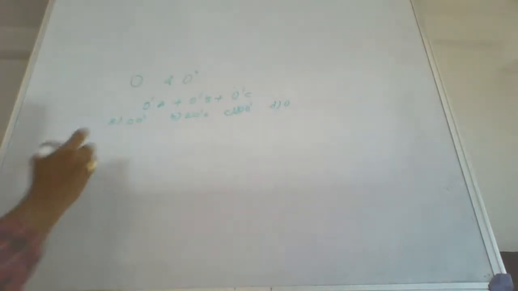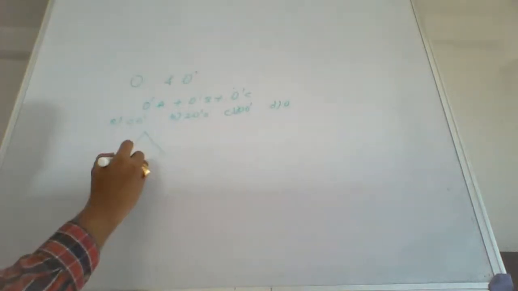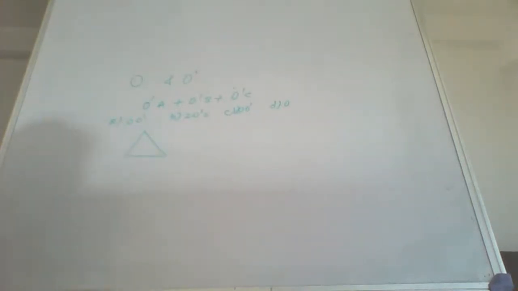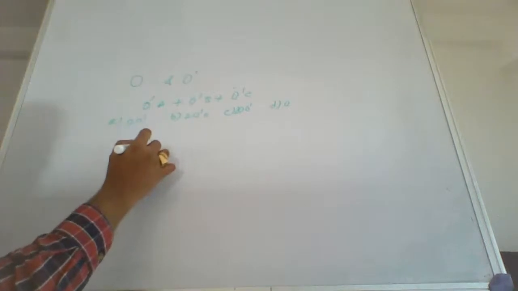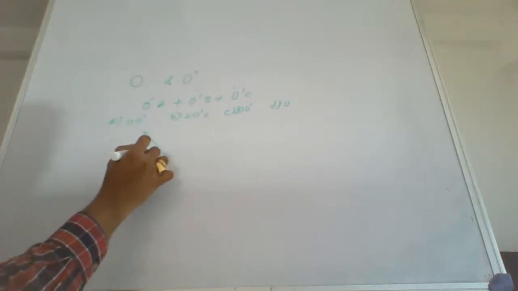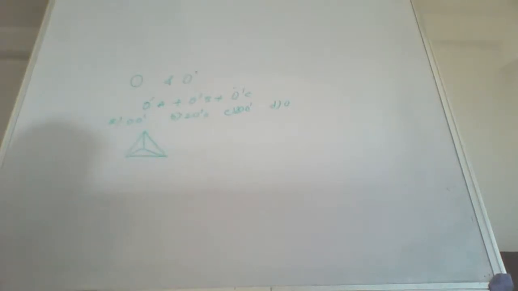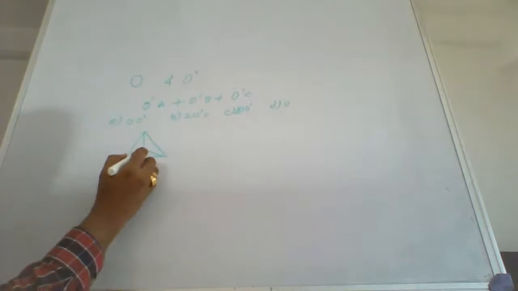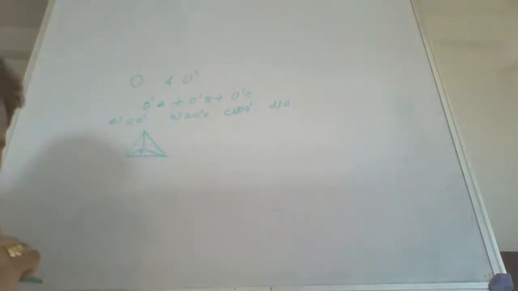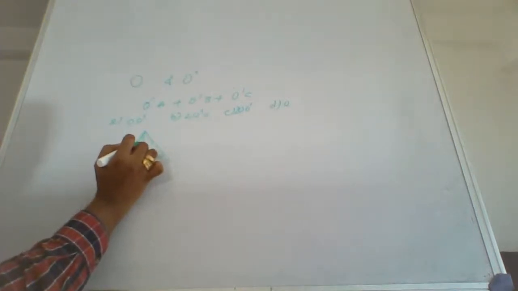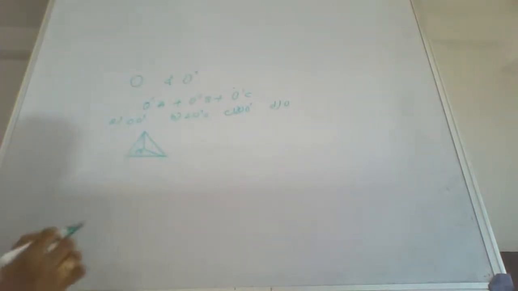Okay, let me draw the triangle here. If I consider this as O, the center, and let me draw one more dotted line here.